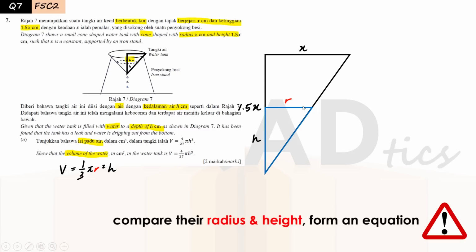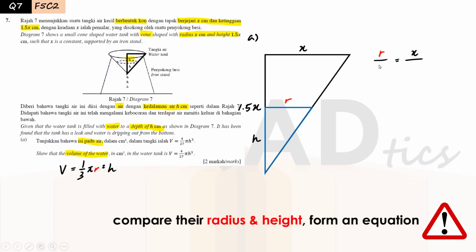With these measurements, we are going to form an equation to find the expression of r in terms of h. For the numerator, I'm going to compare their radiuses. So for r, I'm going to put it here, and for x, I'm going to put it on the right side.